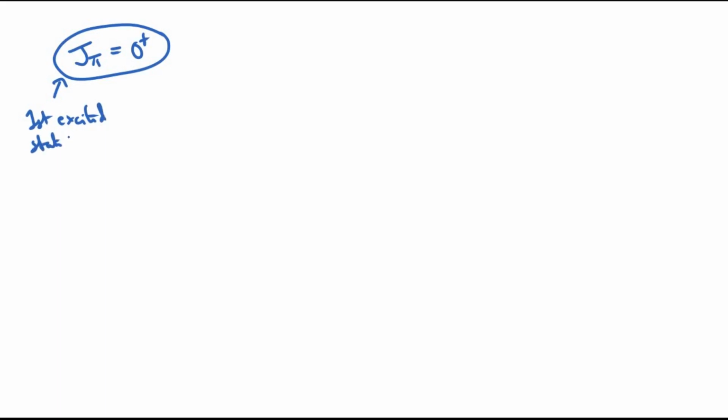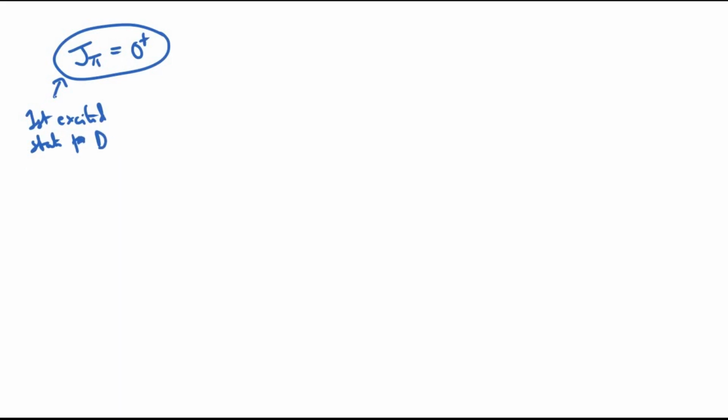Now, what about this state J pi equal to 0 plus? What if for the deuteron we observe this J pi equal to 0 plus? In fact, this is observed for the first excited state for deuteron.